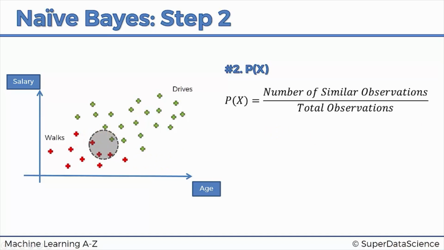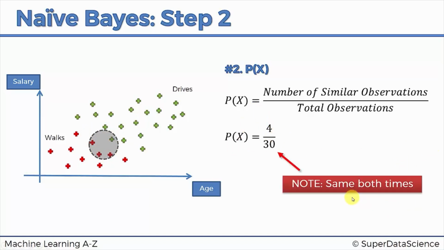And so P of X is the number of similar observations, meaning observations similar to the point that we're about to add, divided by the total number of observations, which is 30 in our case. So it's 4. We can see that there's 4 points in this circle right now, divided by 30. And the interesting thing here is that this result is the same both times.